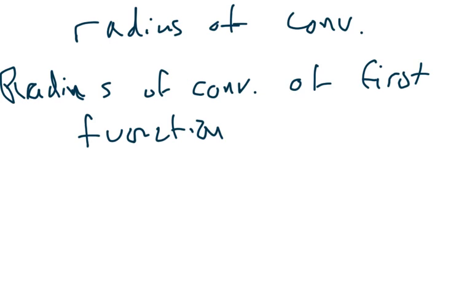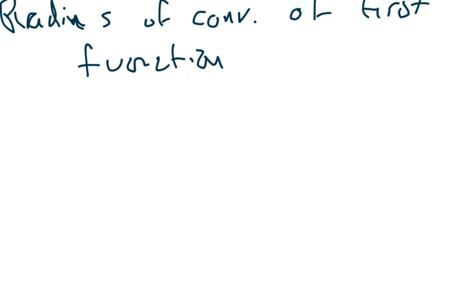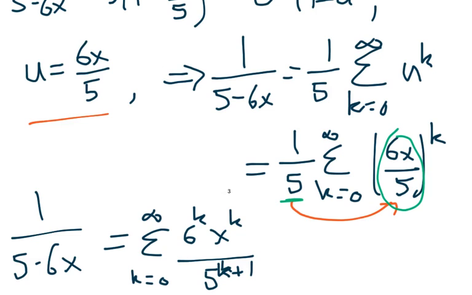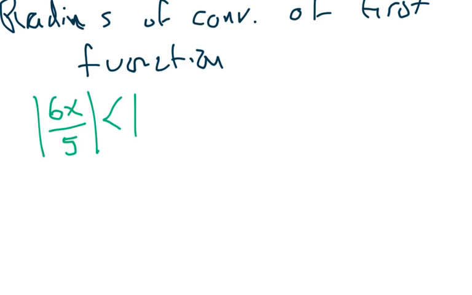So what we need is absolute value of 6x over 5 less than 1. Now, obviously, we have this 1 over 5 up front, but it doesn't matter, because this is just multiplying by a constant. This is only going to converge when this thing is small enough. So what we can say is that this is when absolute value of x is less than 5 over 6, and that's just multiplying through by 5/6, because that's a positive number. So the first one only converges for absolute value of x less than 5/6.